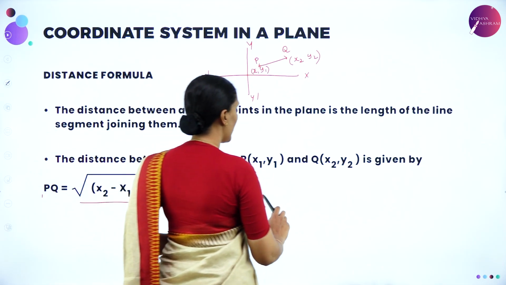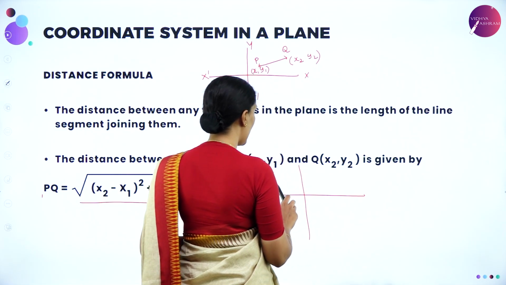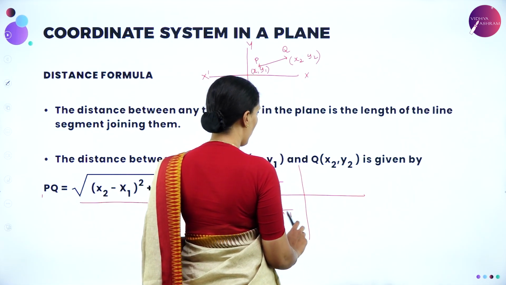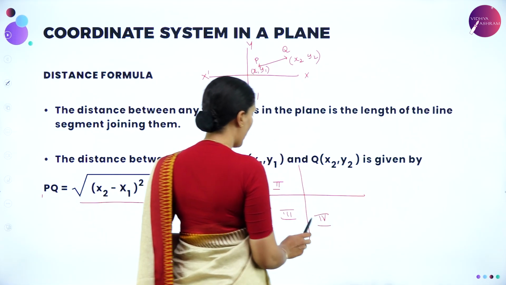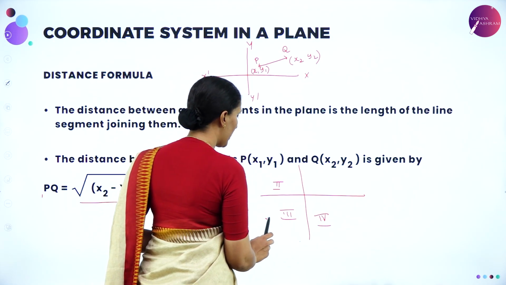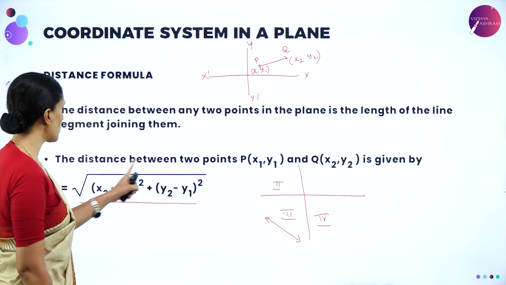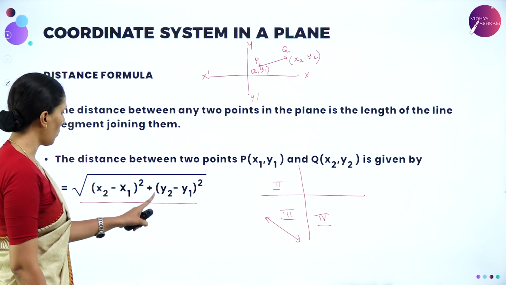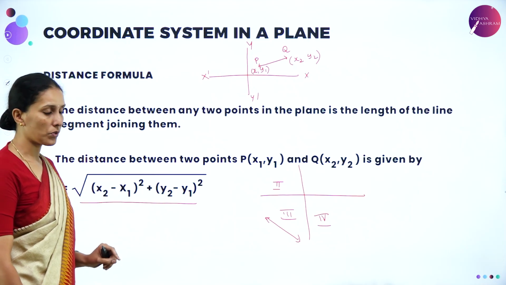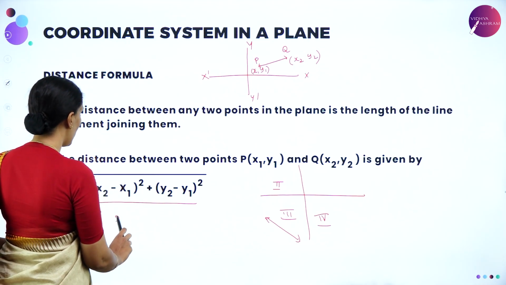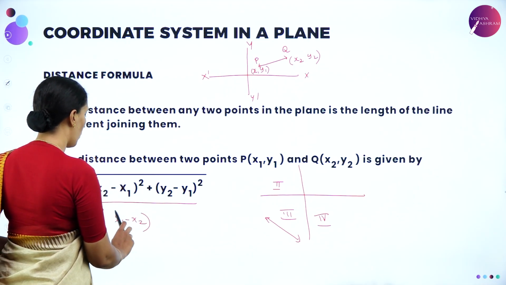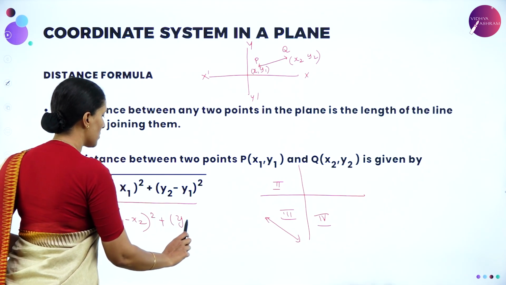Now suppose the points lie in the second, third or fourth quadrant. Even though my coordinates are negative here, the distance will always be positive, and hence it is always the square root of (x2 minus x1) whole square plus (y2 minus y1) whole square. It can also be written as (x1 minus x2) whole square plus (y1 minus y2) whole square.